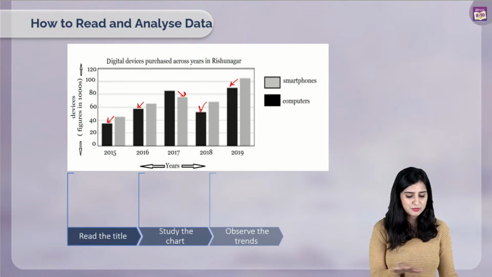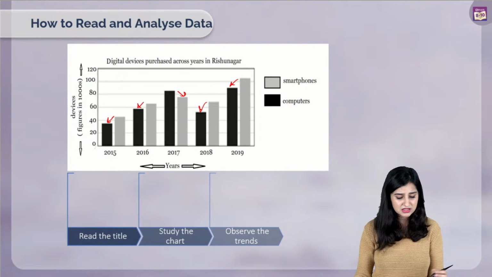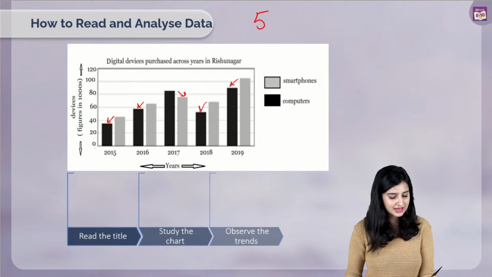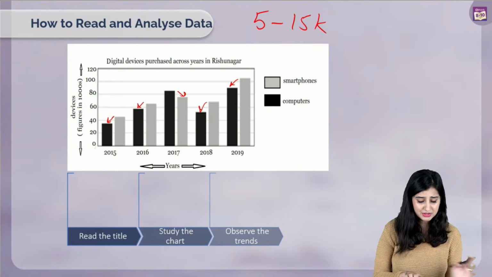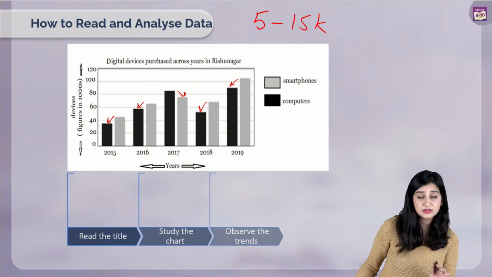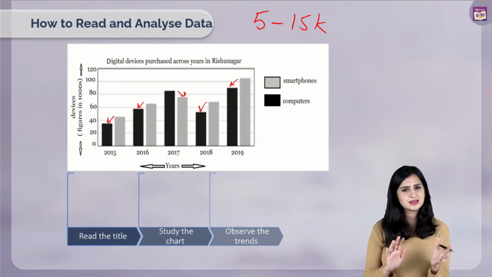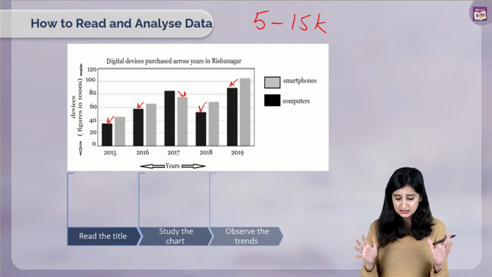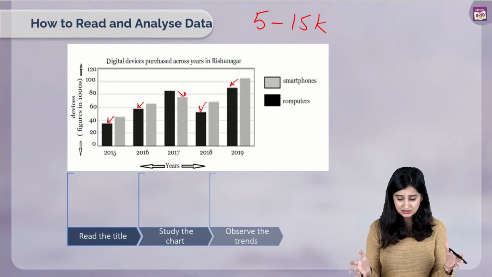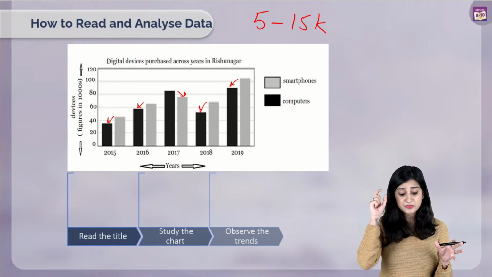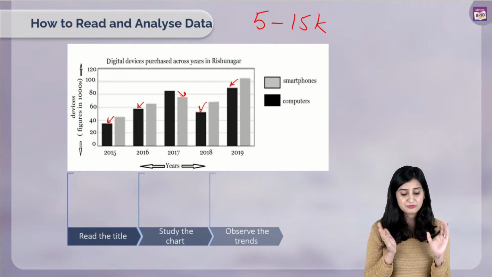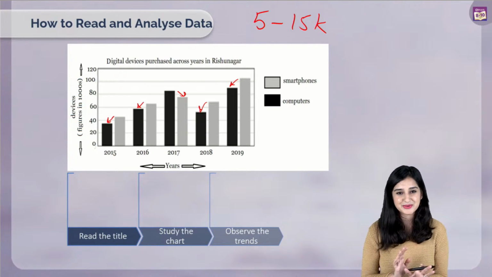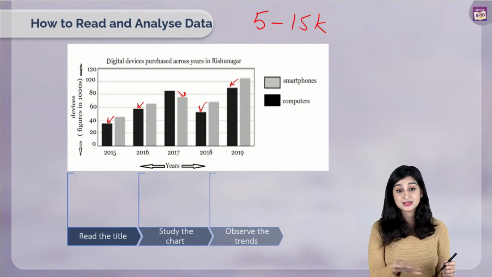So we can see that approximately it ranges between 5 to 15,000. Okay. From the difference between the higher bar and the lower bar in each year, we can see that approximately the range between the difference in the number of smartphones and computers that were purchased is 5 to 15,000. Okay. So this is all the data that we've gotten.